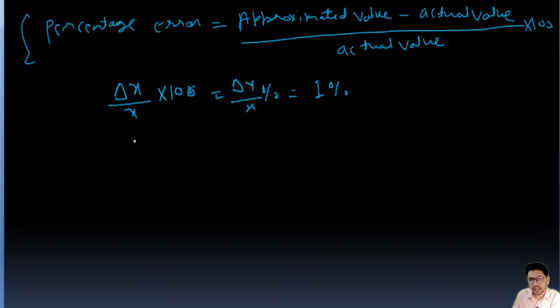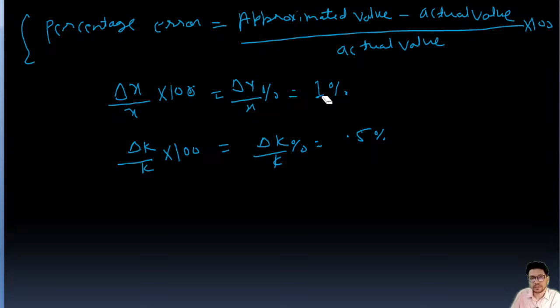And delta k upon k, that is in the spring constant, delta k upon k into 100, or delta k upon k percentage is given, that is 0.5%. This is given, guys.